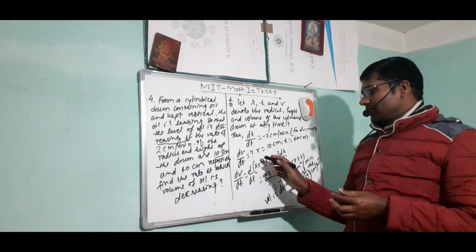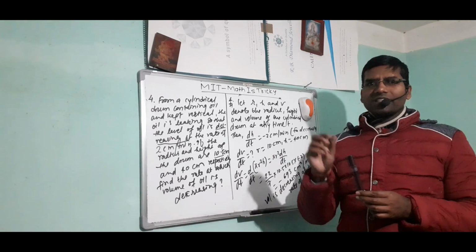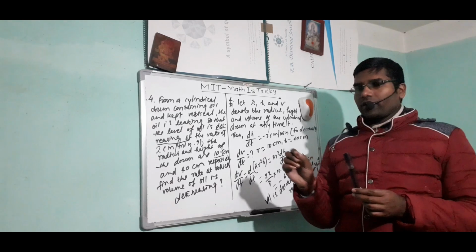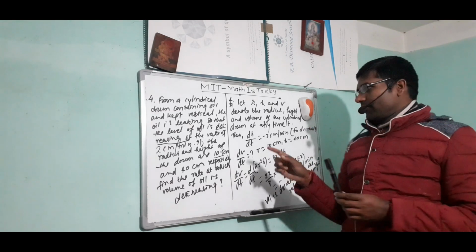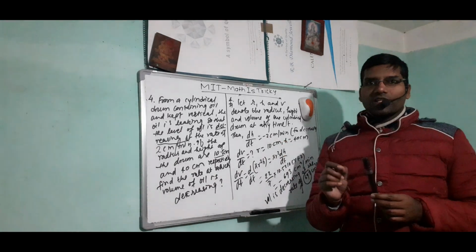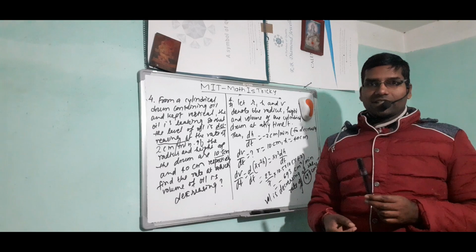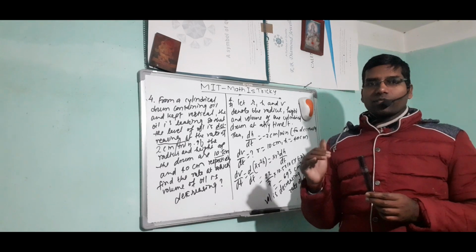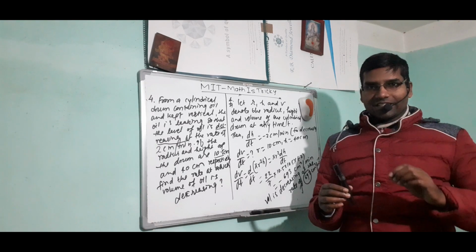So now differentiate and substitute the value of dh by dt. You may be confused, or you may have a question why I have kept the minus sign here. That minus 2 represents the decrease in level, so minus is here only to show the level is decreasing.